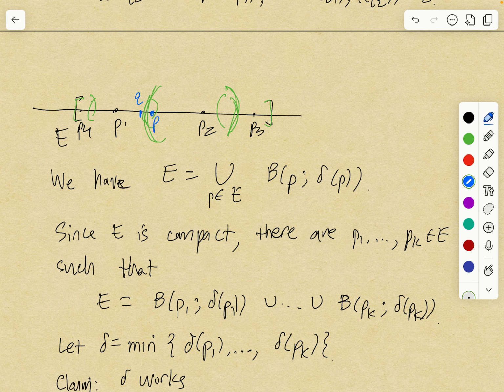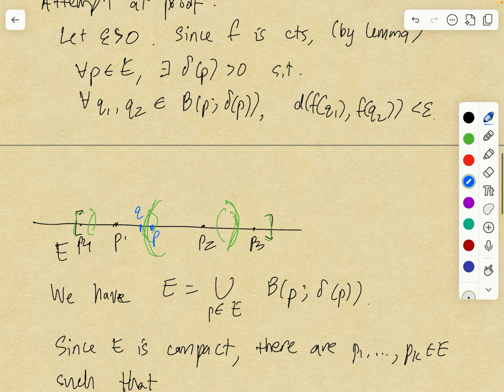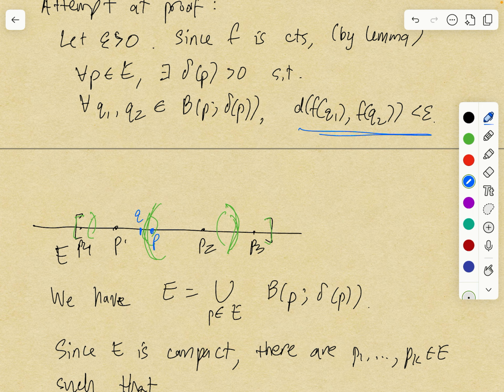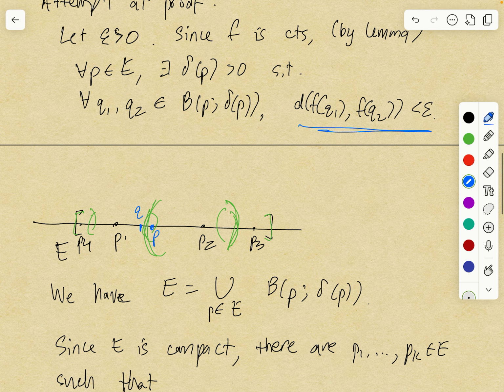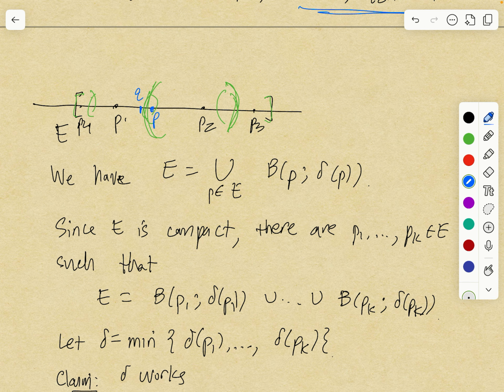So you cannot apply the thing that you want to apply to conclude this, because you need your 2 points to be in the same open ball in order to apply the lemma, right? To apply the conclusion. So if we knew that P and Q were both in one of these open balls, then we'd be fine.